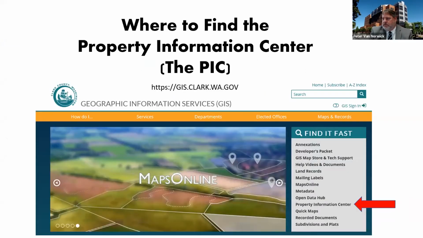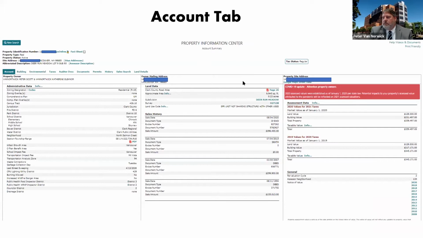So I already put in a property. You come to a screen, you put in a property. This happens to be my property. The first thing that you come to is the account tab, and there is a lot of information on this tab that, as a realtor, you really need to pay attention to.